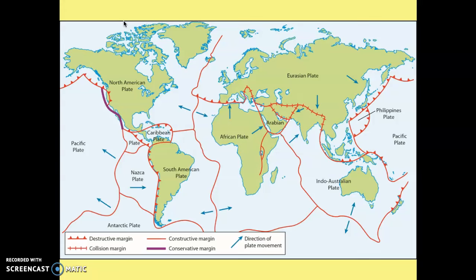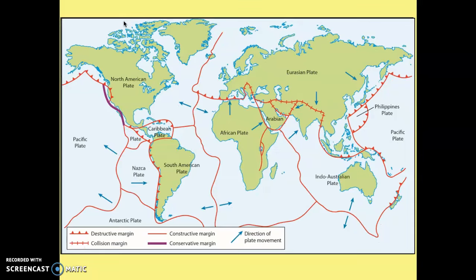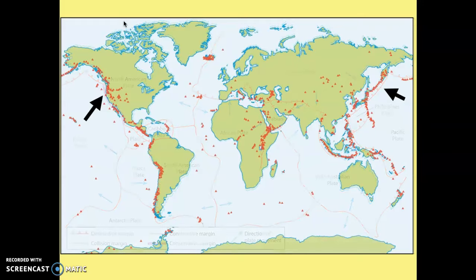Okay, if you just keep your eyes on a destructive plate margin, which I've shown you where they are here, there's a lot around the Pacific plate. Keep your eyes on those lines there, and what you can see as that map fades away is this map showing the distribution of volcanoes on the surface of the Earth, and you can see that the majority of volcanic activity occurs in long belts that follow the plate margins, for example around the edge of the Pacific Ocean.